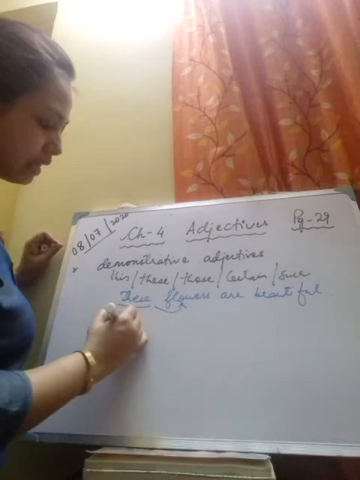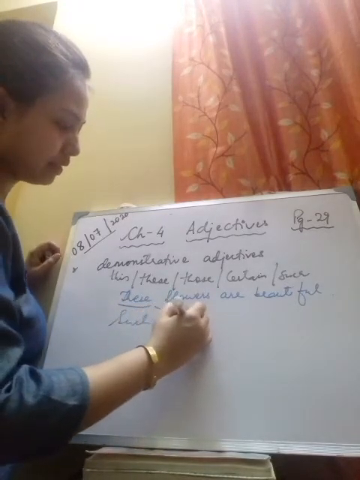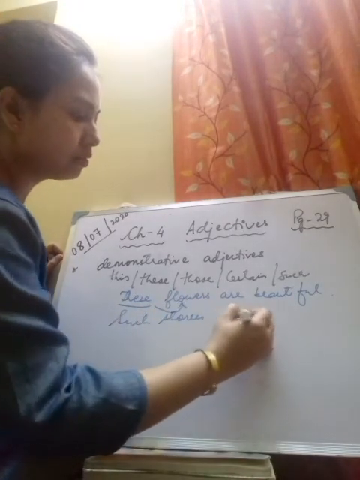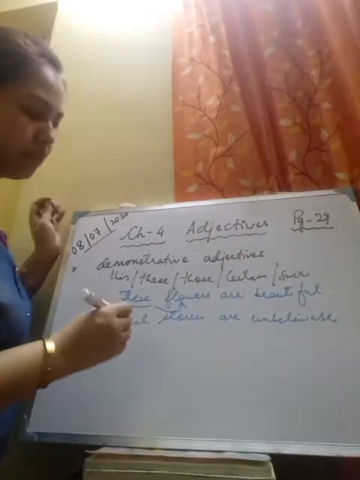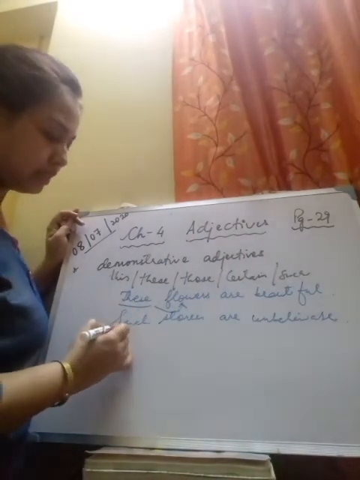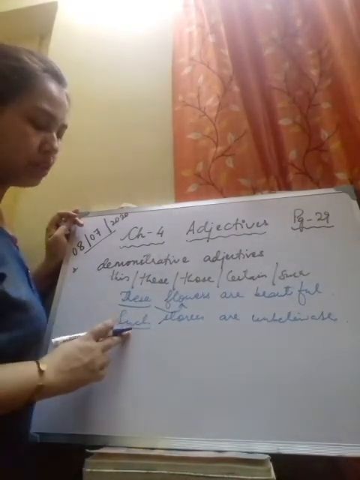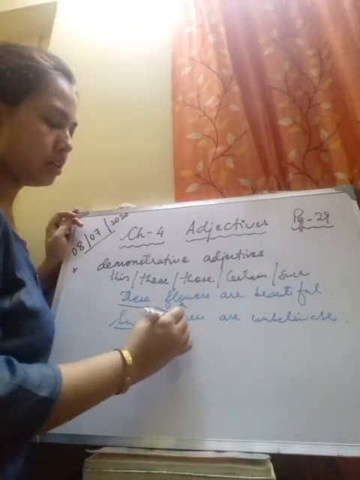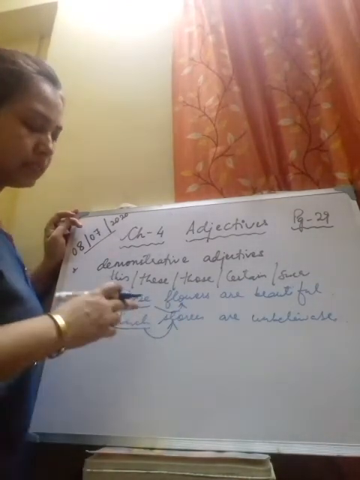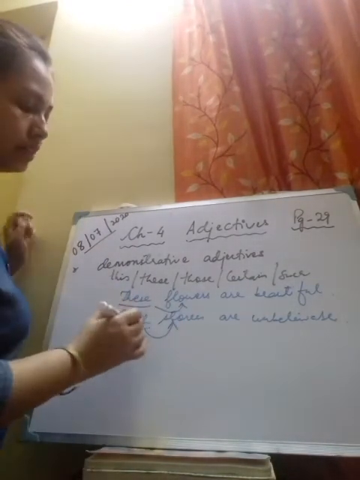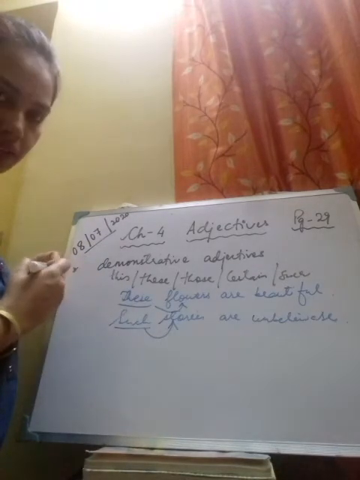Another example: such stories are unbelievable. Here again we find such stories. Such is the demonstrative adjective that points to the noun stories that succeeds it. Therefore, such is again a demonstrative adjective.